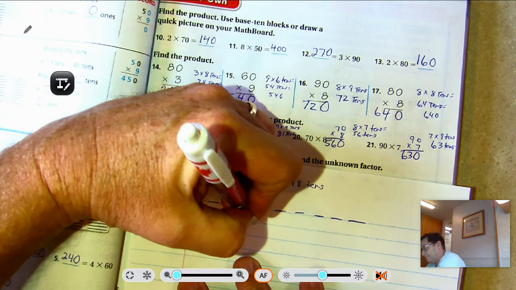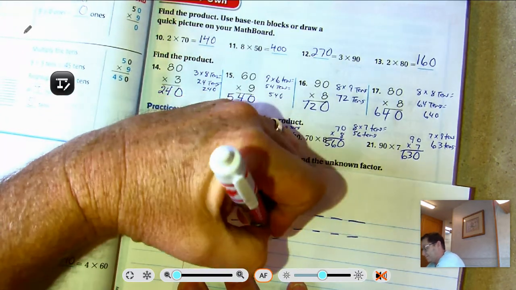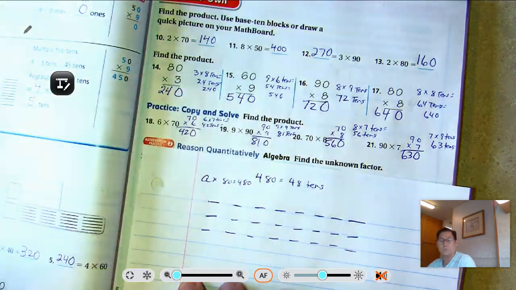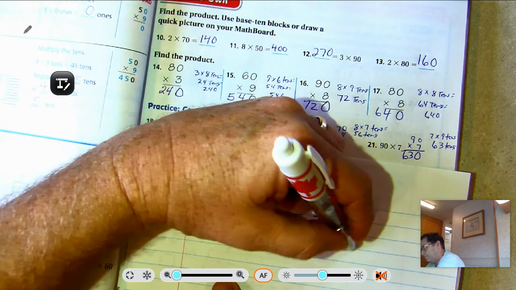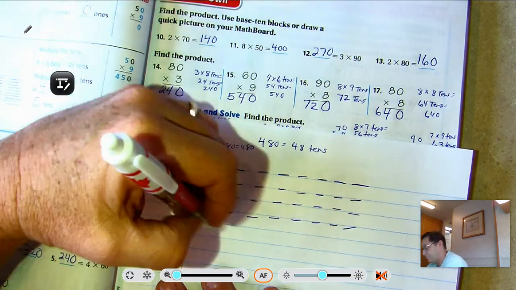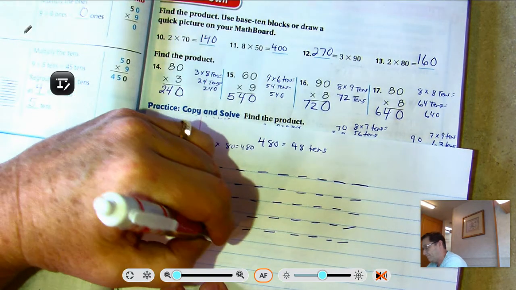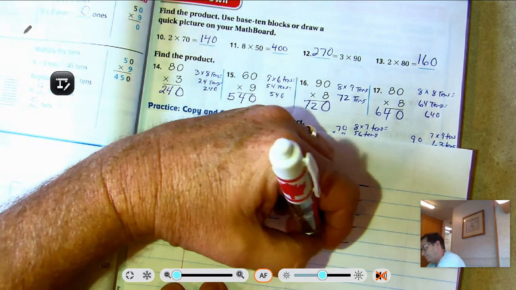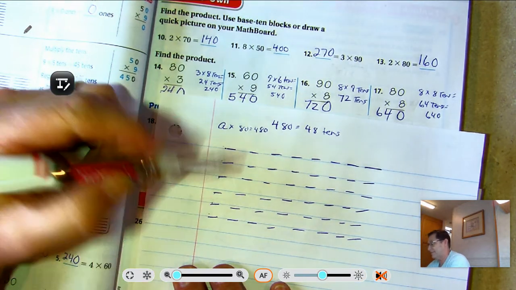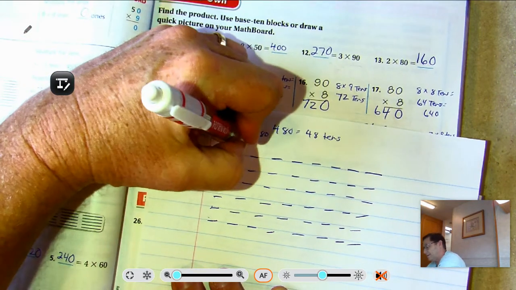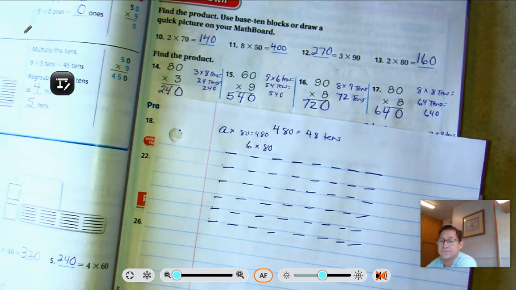So 8, 16, 24, 32, 40, 48. 1, 2, 3, 4, 5, 6 rows of 8 tens. That makes sense. 6 times 8 is 48.